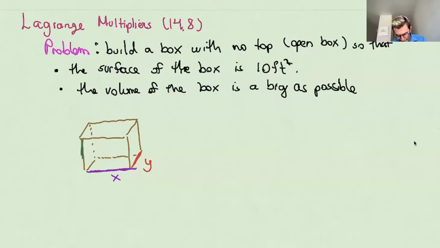Those names make sense. So what's the volume of the box in terms of X, Y, and Z? X, Y, Z. Good.